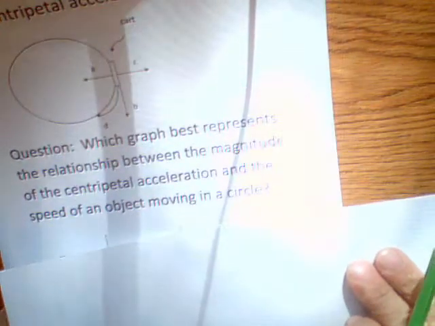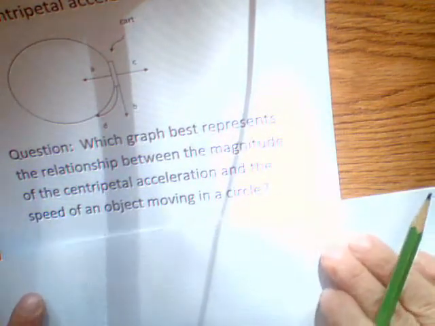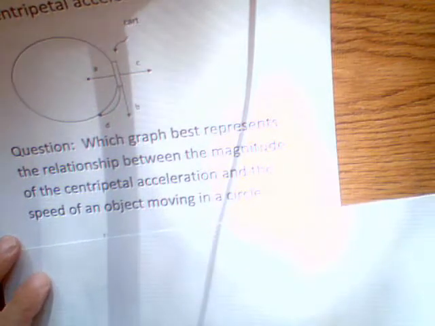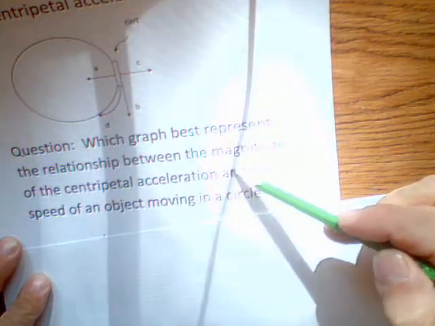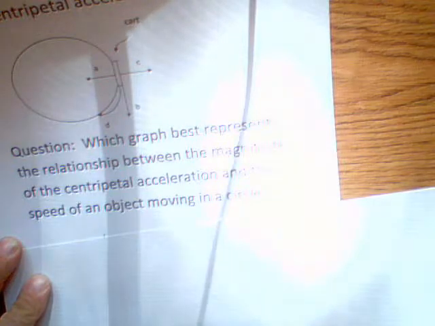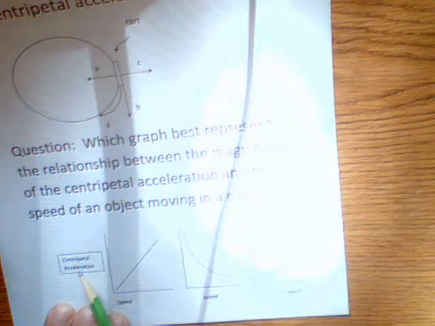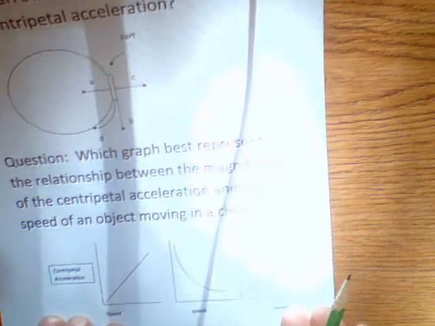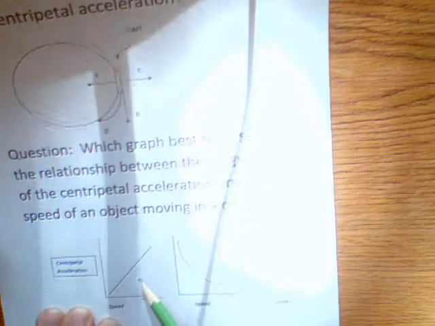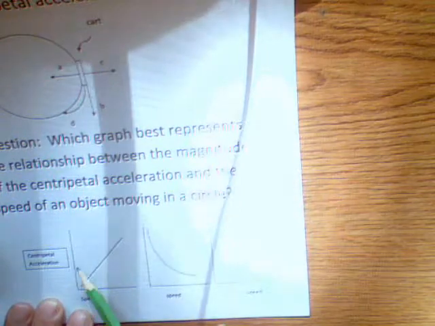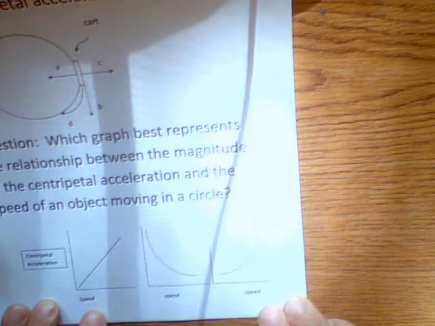Another quick question: which graph best represents the relationship between the magnitude of the centripetal acceleration and the speed of the object moving in a circle? Well, here's speed on the x-axis, and on the y-axis, centripetal acceleration. Well, we have a direct relationship here. As one goes up, so does the other.